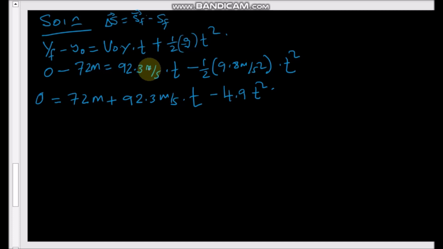If we bring everything to the left, we can write it as 4.9 t squared minus 92.3 meters per second times t, minus 72 meters is equal to 0.